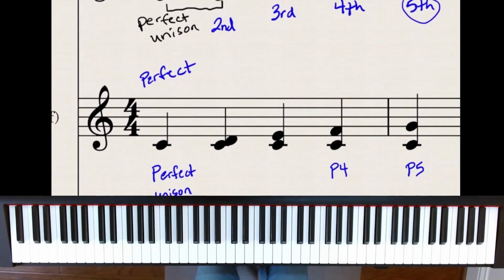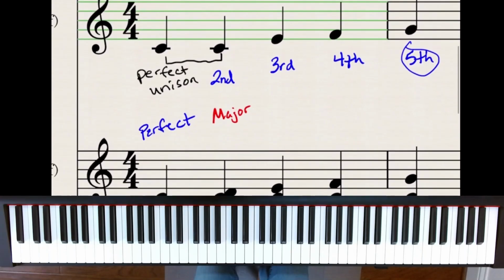So once you've established the perfect intervals, now you want to establish what the major intervals are. So the major intervals are going to be labeled as M. So we'll take this first example. Major, we said this was a second from, if I move this back, from C to D, we said was a second.